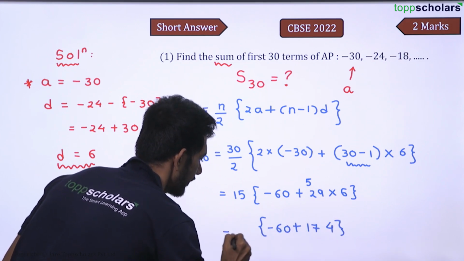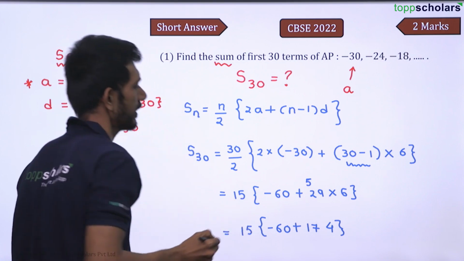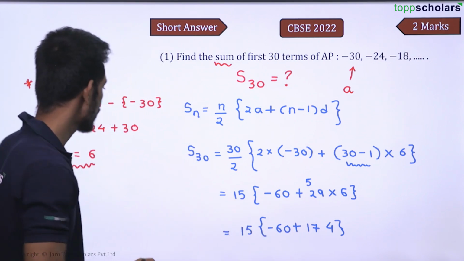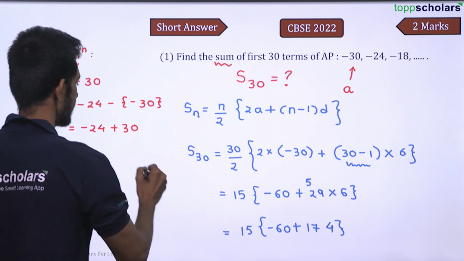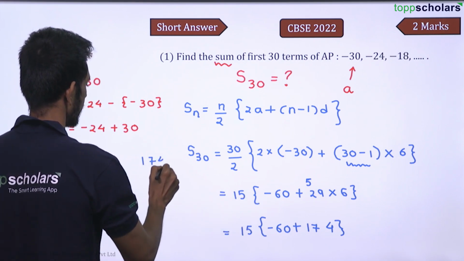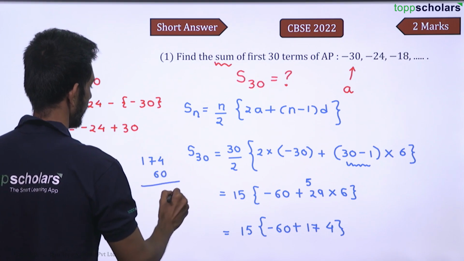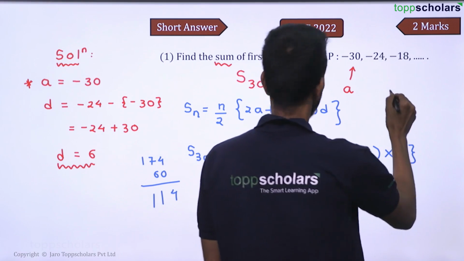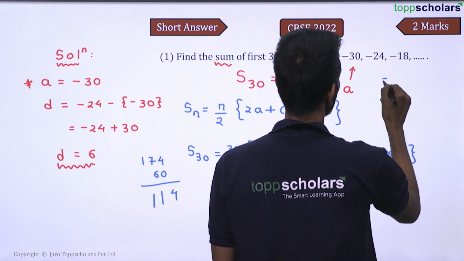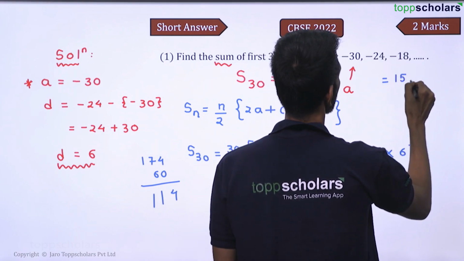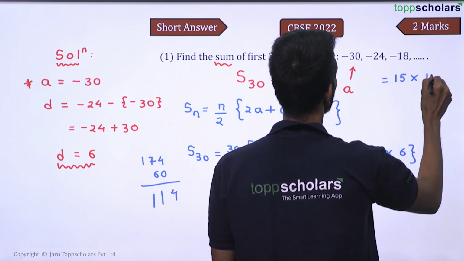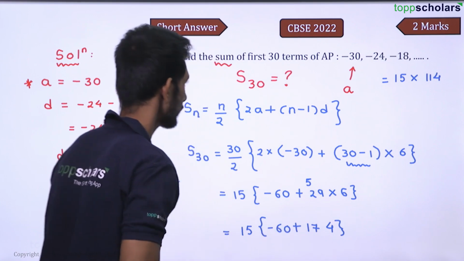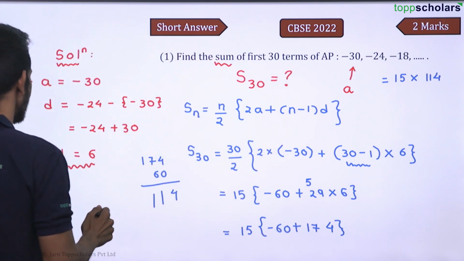And here we have 15, right? So 174 minus 60 is how much? That's 114, right? So that is equal to 15 into 114, right? So just multiply that.